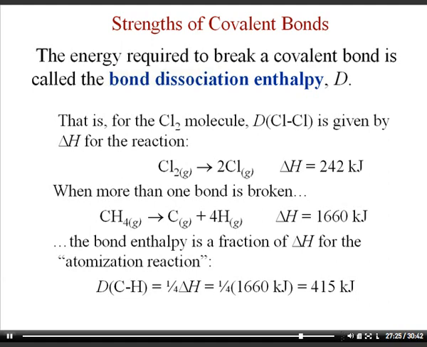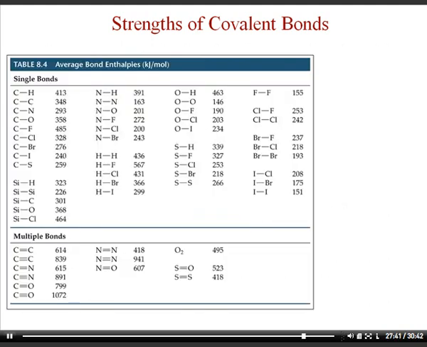If you look at 1/4 of that, each individual carbon-hydrogen bond would be about 415 kilojoules. And again, these are positive numbers. So you can estimate what the energy of one single carbon-hydrogen bond is by just taking the delta H divided by 4.